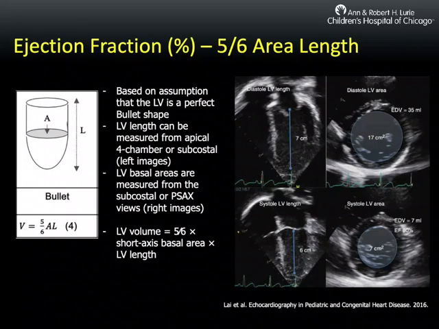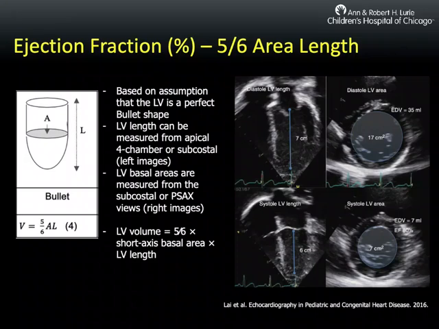The other way to measure ejection fraction is using the 5/6 area length method. This is based on the assumption that the LV is a perfect bullet shape. When you look at the volume calculation for a bullet, the equation is 5/6 times the area times the length. And here, the LV length can be measured from the apical four-chamber or subcostal images.